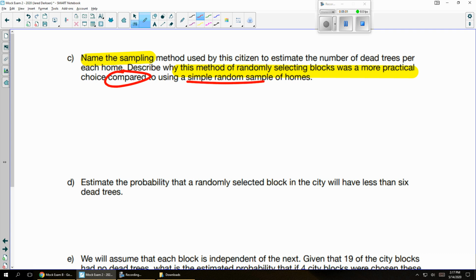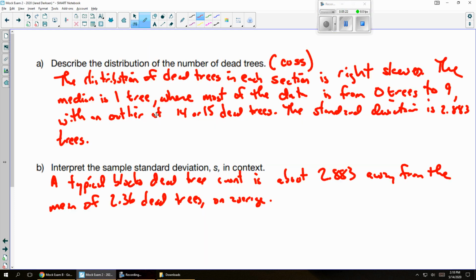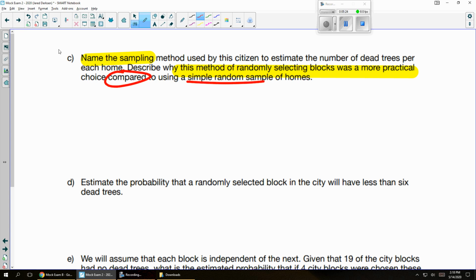And the nice thing about a cluster sample is that he didn't have to drive to a large number of these several thousand blocks. Instead, he was able to narrow his focus and be more efficient on the blocks that he was actually looking at. So let's see how I could write that down.